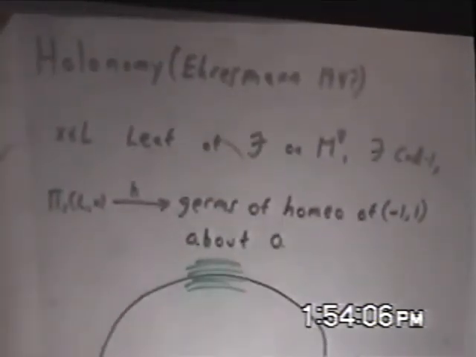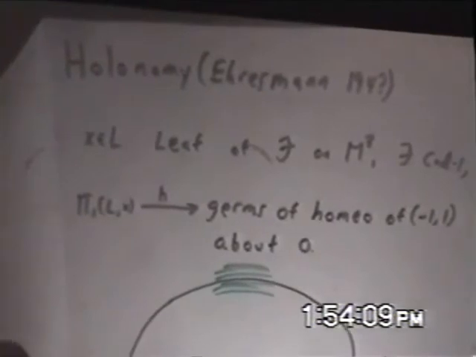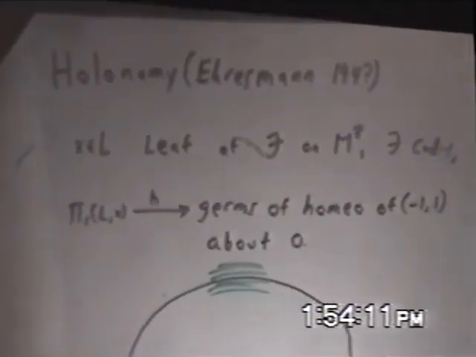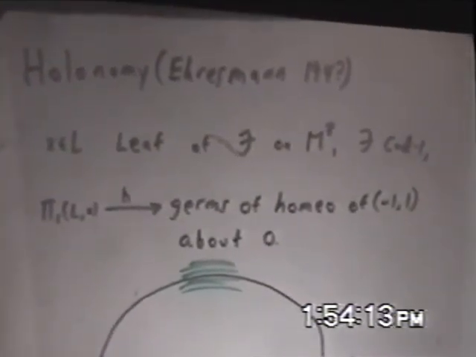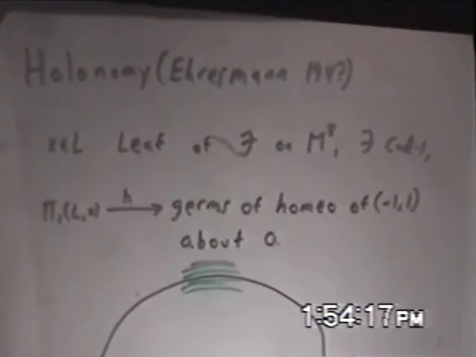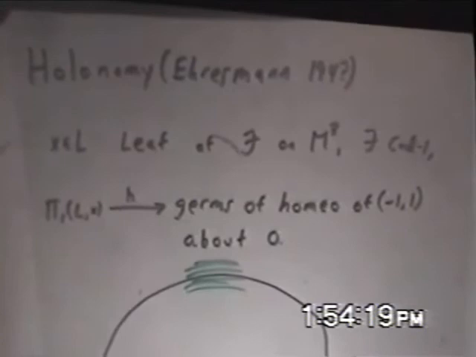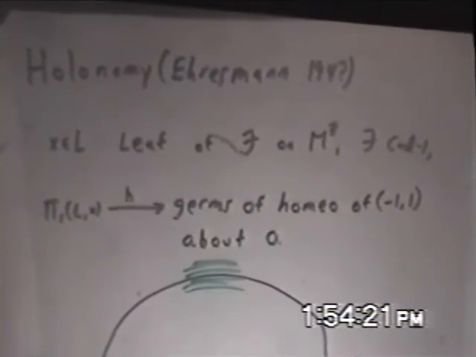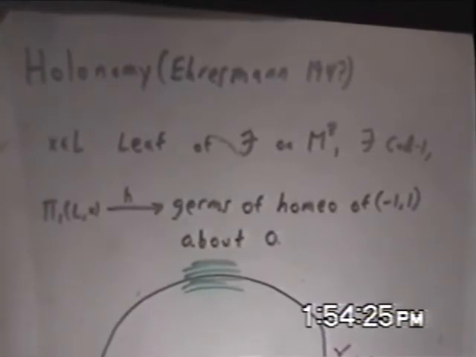One thing important to understand, the central idea about foliations is this idea of holonomy. So what's holonomy? Well, suppose you have some curve, gamma, that lives in a leaf. Here's this black curve, gamma.